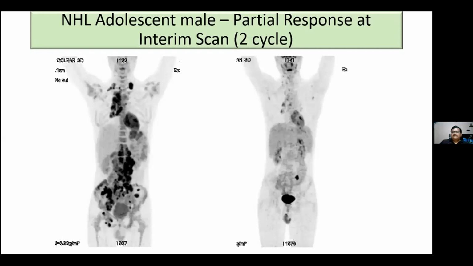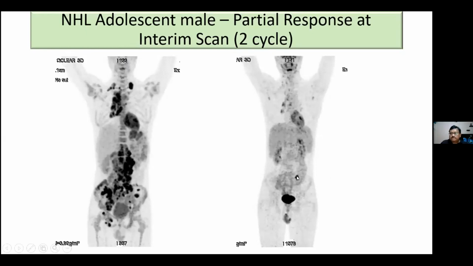Now I'm giving some examples. There is an adolescent male, partial response at interim scan. Here you see this is basically the staging scan. You see lymph nodes on both sides of the diaphragm. Here you see the lymph nodes, there is a gross shrinking in the size as well as metabolic activity, but there are still some nodes. For example, there is a node here which is much more than liver.